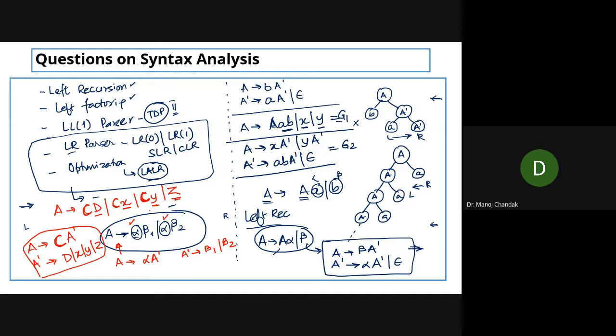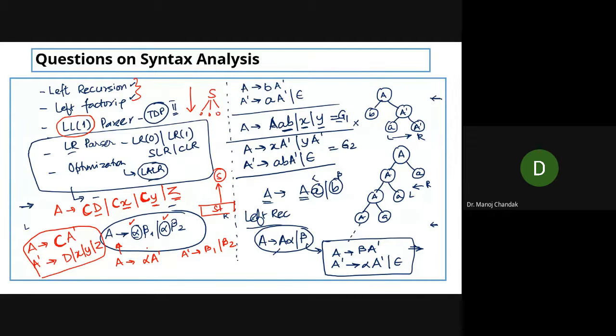So this is just about left recursion and left factoring. And the problem of left recursion and left factoring should be resolved if you are talking about the LL1 parser, wherein the start symbol is reduced to the string. This is called top-down parsing. And if you are converting the string to the start symbol, then it is called bottom-up parsing.